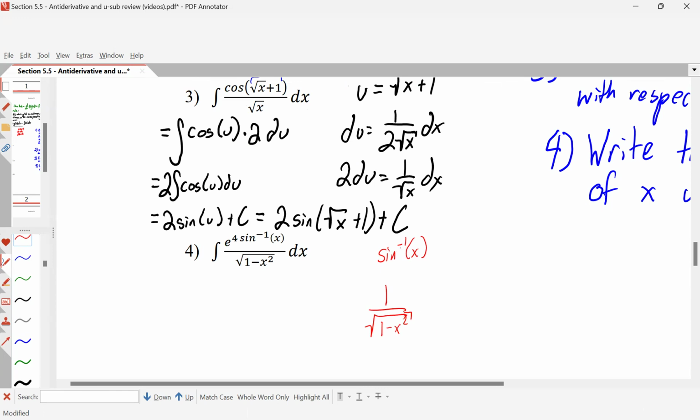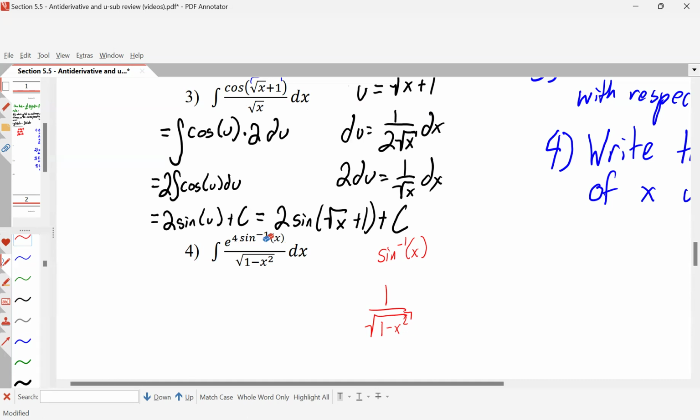So if the derivative of sine inverse is 1 over the square root 1 minus x squared, that again points us in the direction of sine inverse should somehow be u, and the square root 1 minus x squared will be involved with the du.